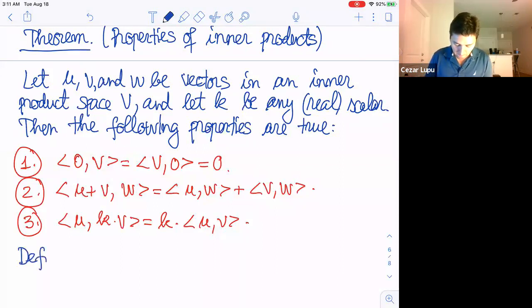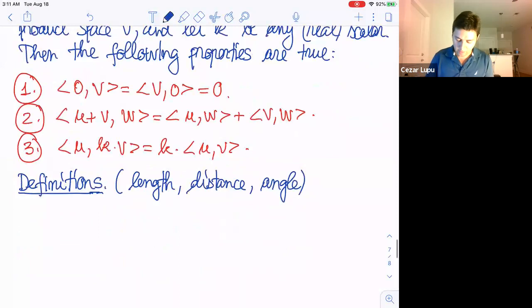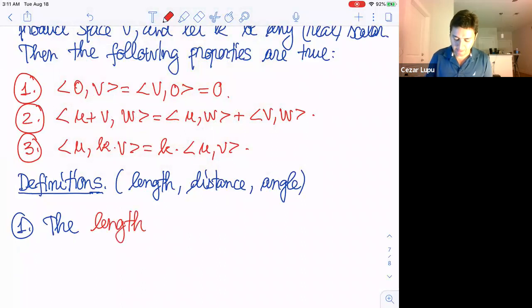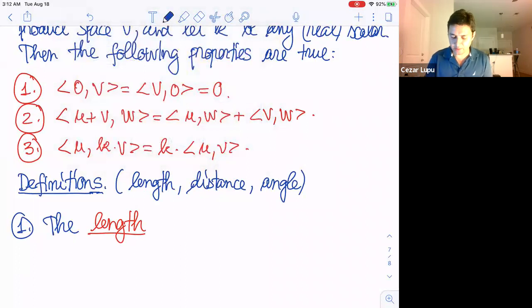Okay. Definitions. We'll define the length, distance, and angle. The first one, the length, or sometimes it's called the norm.